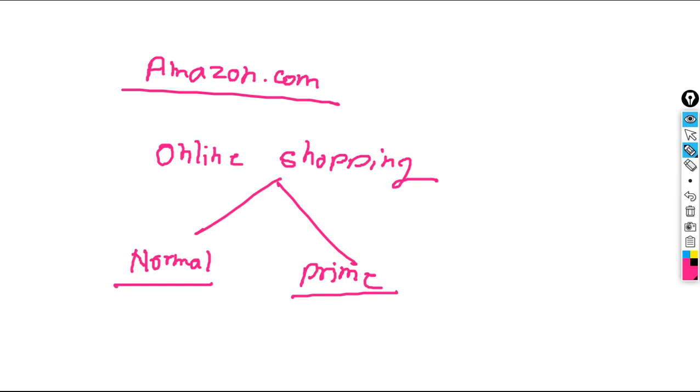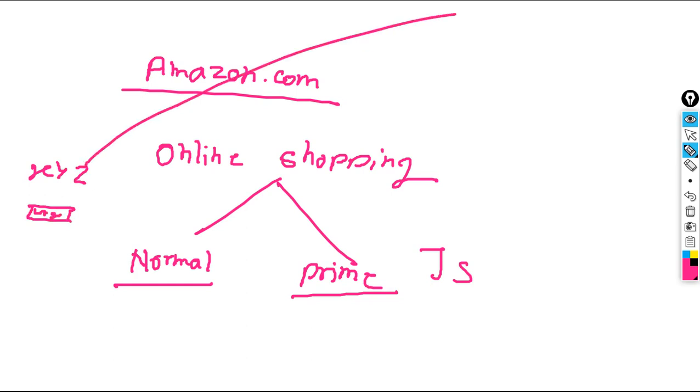Correct. So how will that functionality, or that particular content, be provided to that particular user, understood? That will be controlled with the help of JavaScript, because the user will log in on the HTML web page of Amazon.com, like say XYZ, then login. So this information will go somewhere to the server, which will check which type of customer it is, whether prime customer or normal customer.